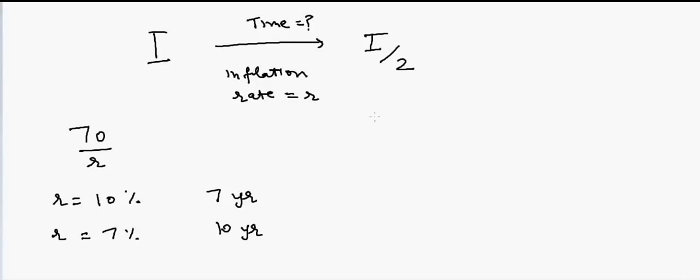So let's try to solve the same problem with a general approach. We have an investment I, and we have an inflation, so we say I times (1 minus r) to the power t, since it's compounded every year, and that should be equal to I divided by 2, right?